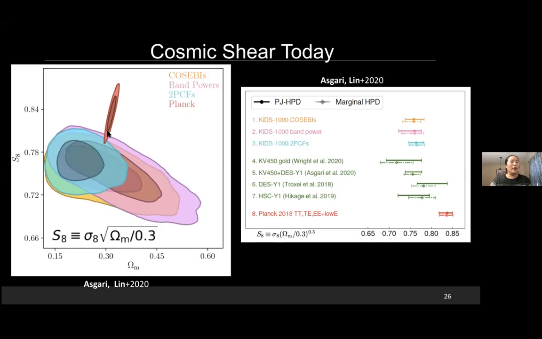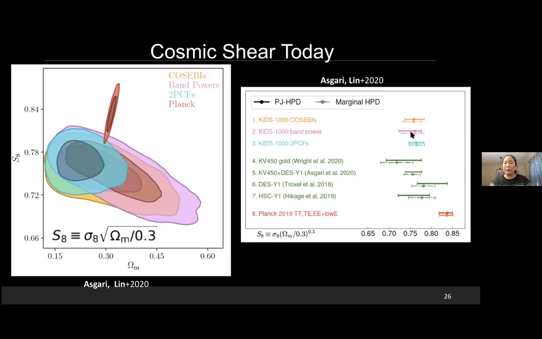And you can see both here and then on the one-dimensional marginalized parameters that the Planck constraints seem to be offset from what KiDS is finding and what all previous lensing surveys have found.